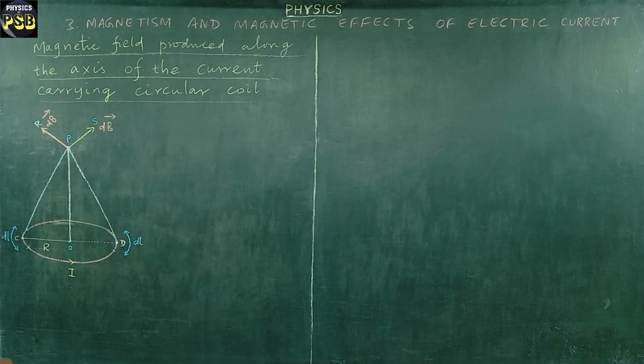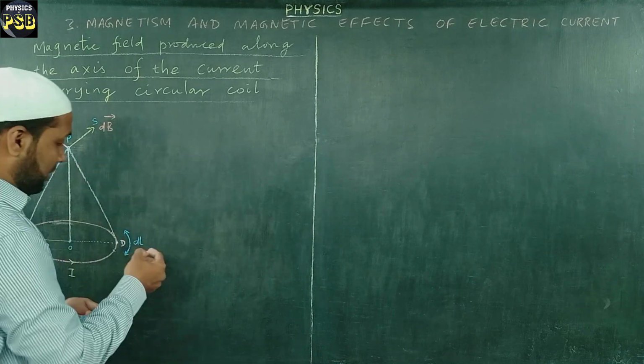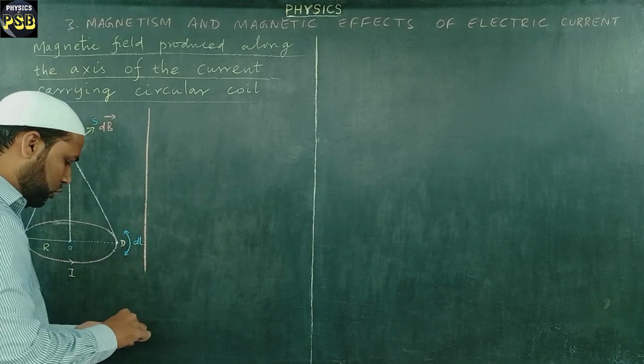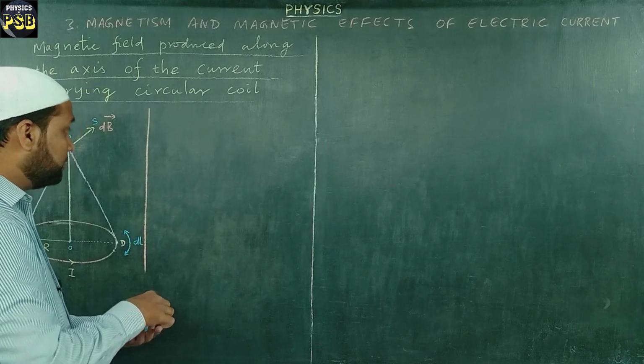Now, I'll go ahead. Here, I'll write the value of dB vector. For that, I'm going to use Biot-Savart law.